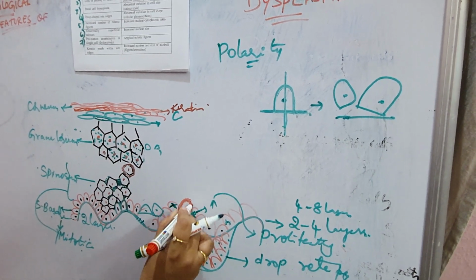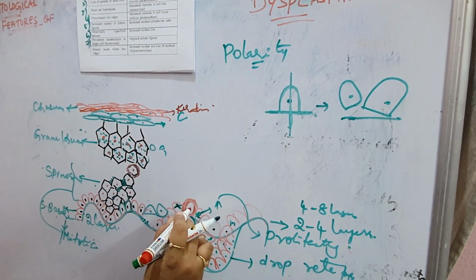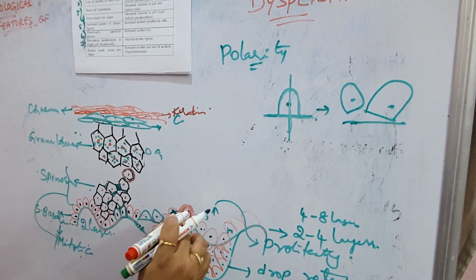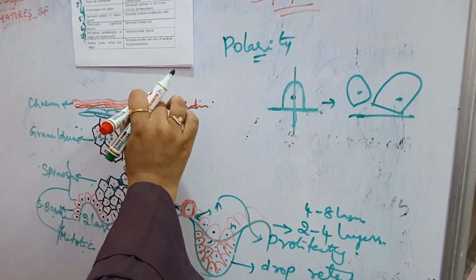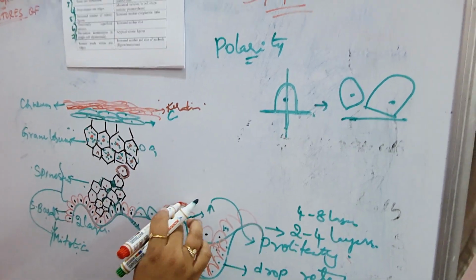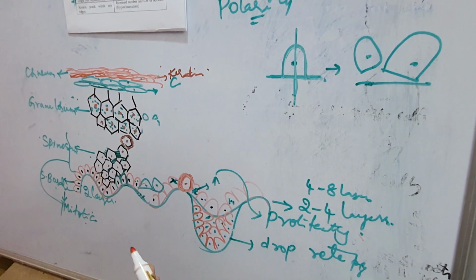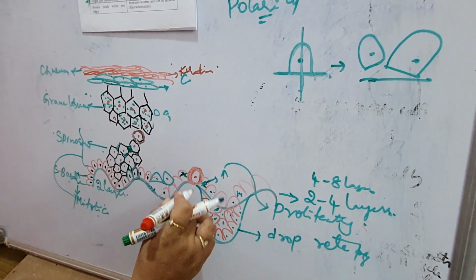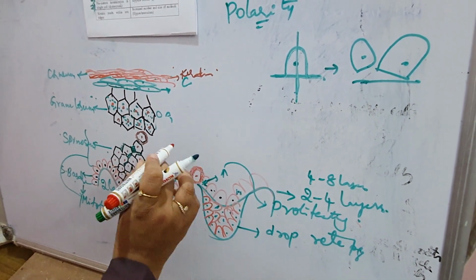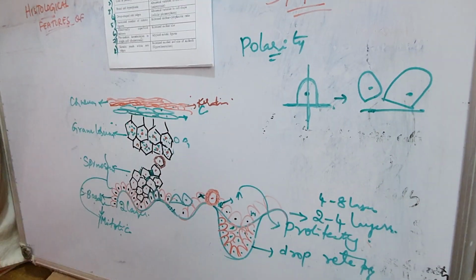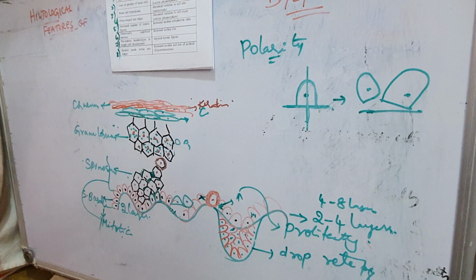It is the function of the squamous cell to produce keratin, and this is usually present in the corneum. But here a carcinomatous cell loses its function and produces excess keratin, which leads to the formation of keratin in the rete ridges. Okay, these are the architectural changes.